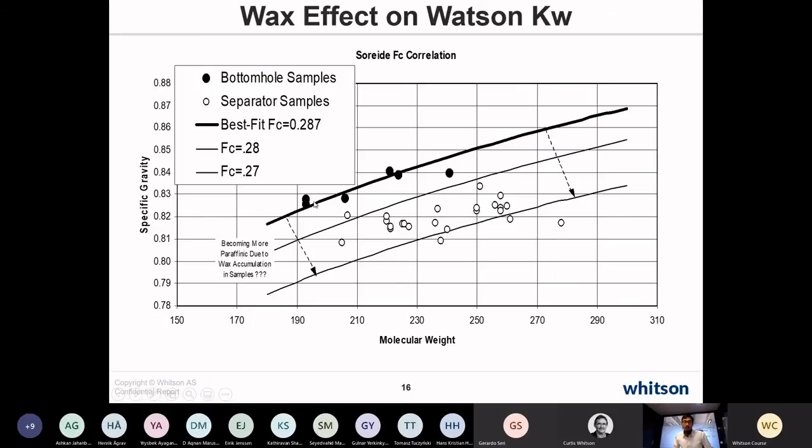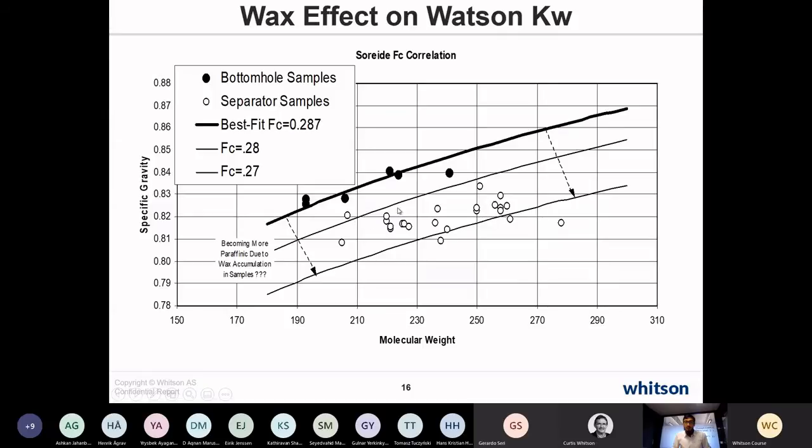If you are increasing the molecular weight, the specific gravity should be monotonically increasing. And if we have a constant Watson characterization factor value, then all the samples should lie on the same line, on the same or very similar Watson characterization factor value.